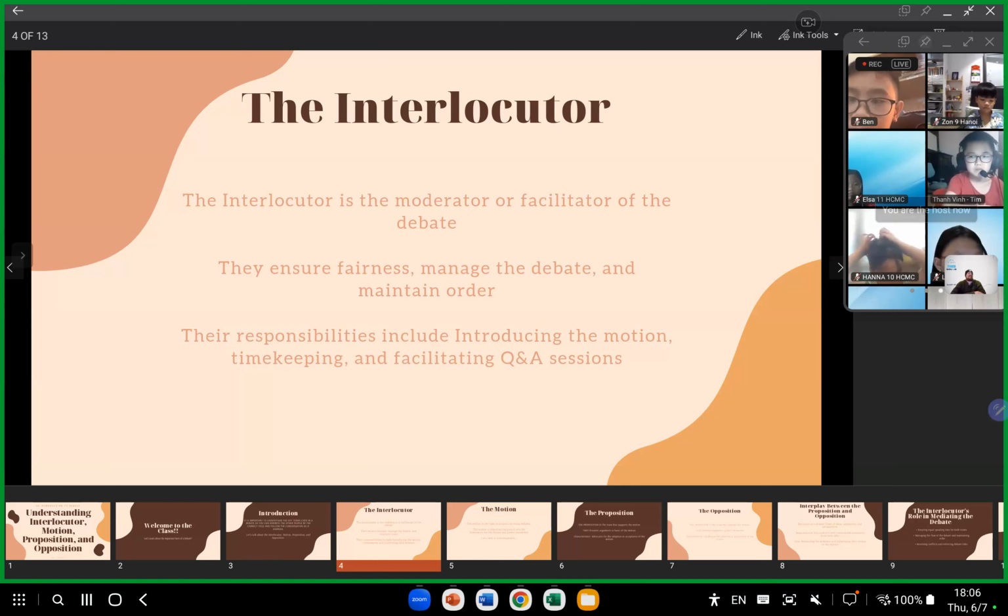So they'll invite each speaker up to speak, and they will tell them when they've reached their time limit. And finally, to maintain order, again, that just means that everybody's going to follow the rules. It's going to be a nice, fair debate. Their responsibilities include introducing the motion, timekeeping, and facilitating Q&A sessions.